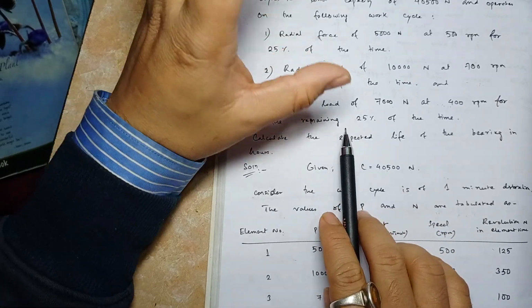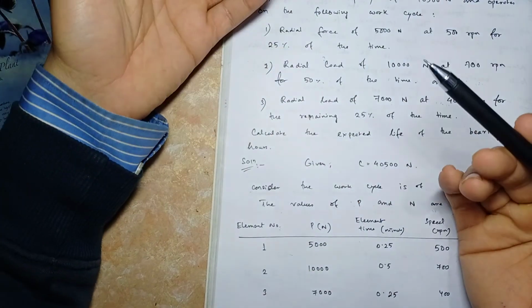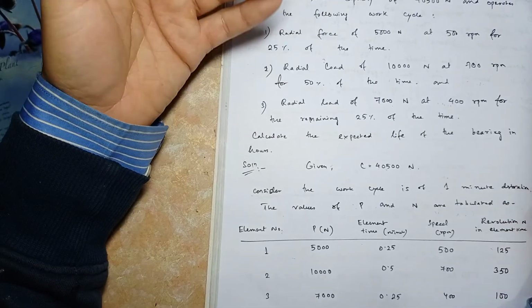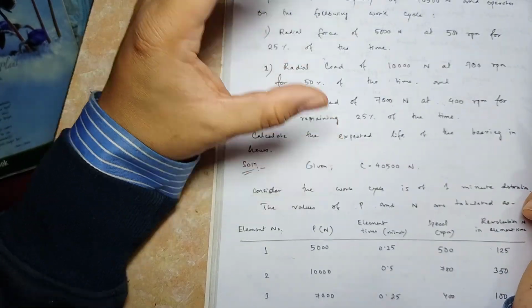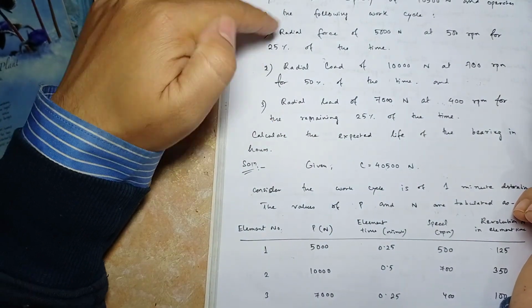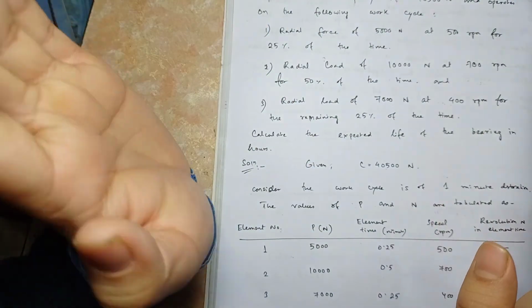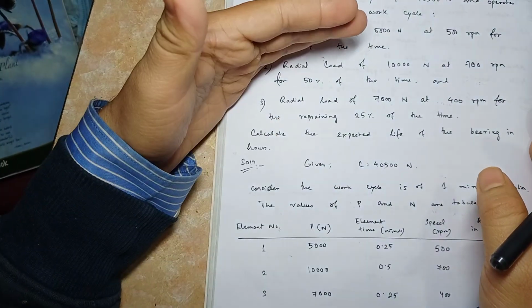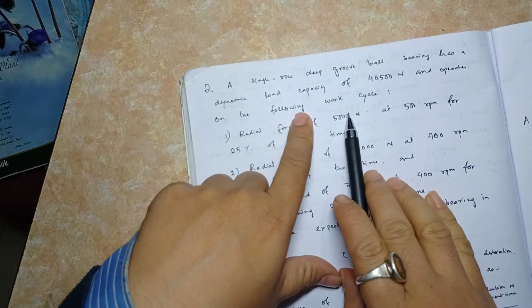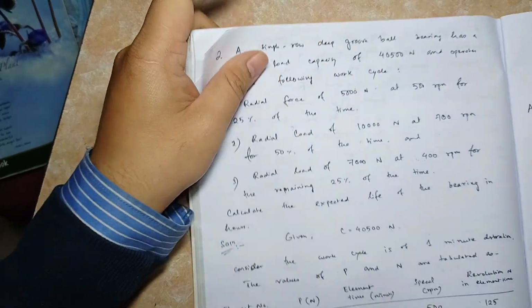So see, total time is 100%. Whatever the time, let's say it is 1 minute, 2 minutes, 1 hour, 10 hours, whatever. For simplicity we take it as 1 minute. For 25% of 1 minute, this is the condition: 5000 is the load and 500 is the rotation.